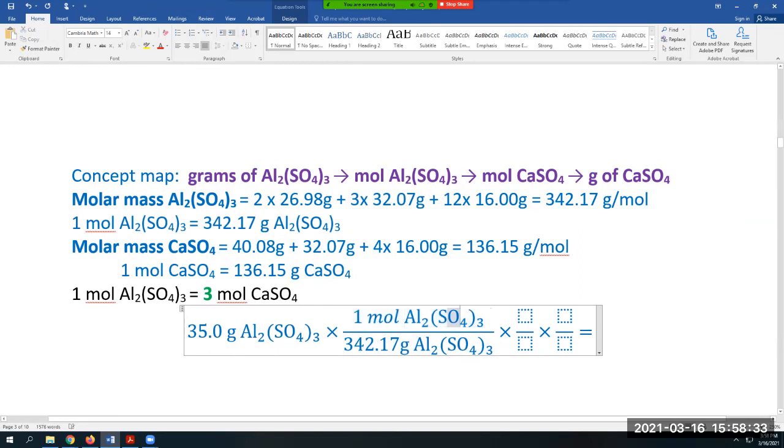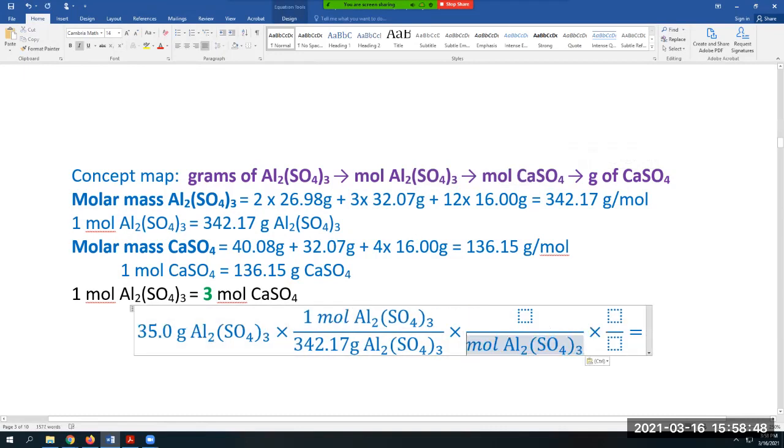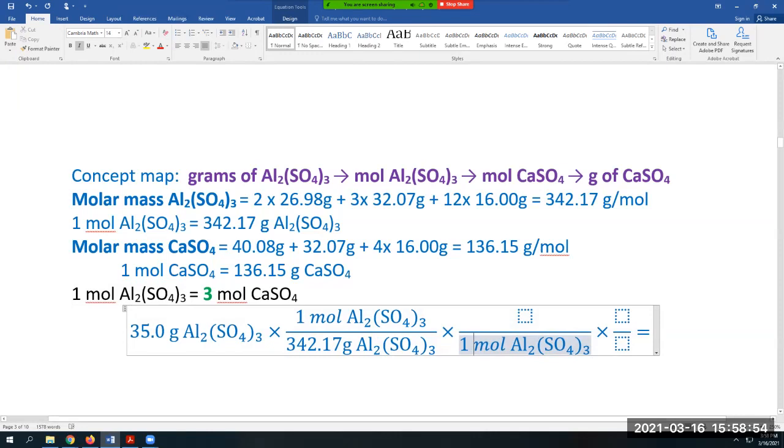Next step, you want to change the moles of aluminum sulfate to moles of calcium sulfate. And here, because the moles of aluminum sulfate are in the numerator, we want them next in the denominator. And it happens to be a 1 associated with that. 1 mole of aluminum sulfate is making 3 moles of calcium sulfate. So we need 3 moles of CaSO4 on top.